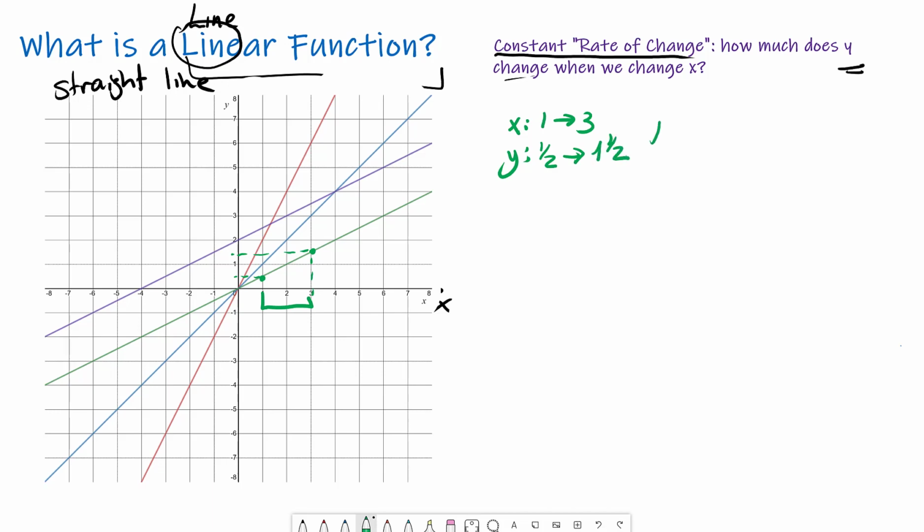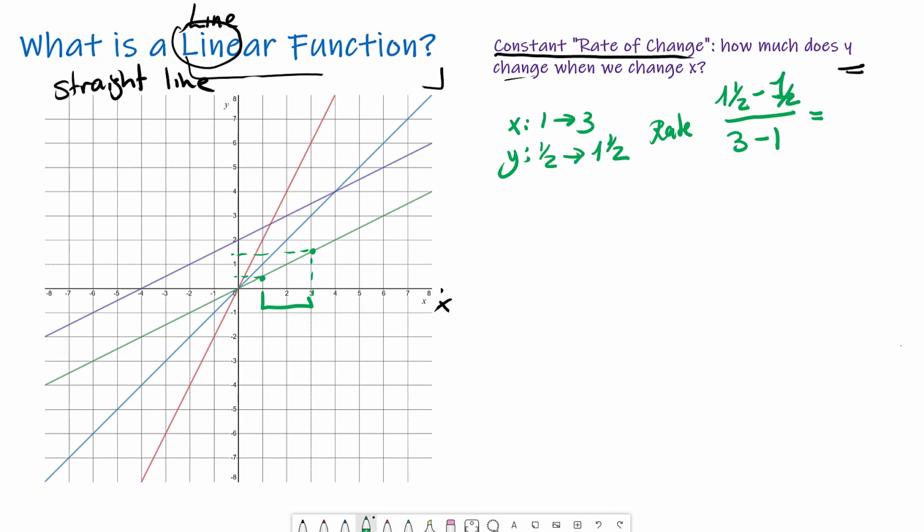So what is our rate of change? Well, the change in y is 1.5 minus a half, that's how much we've changed, and the change in x is 3 minus 1. We went from 1 to 3, and y went from a half to 1.5.